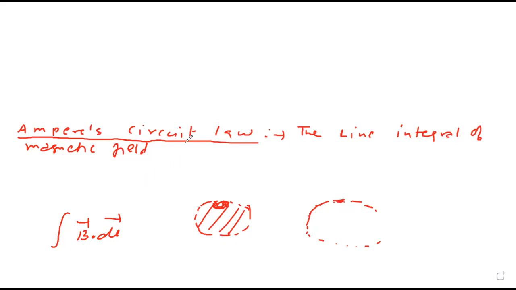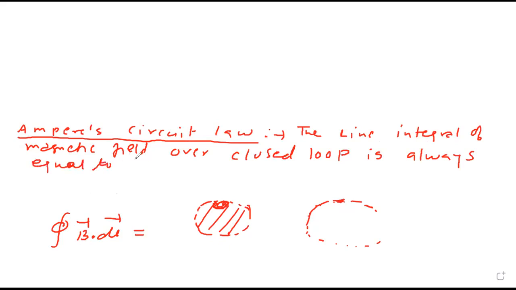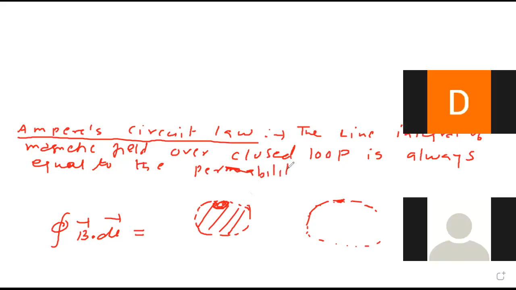So, the line integral of magnetic field over a closed loop is always equal to the permeability of free space times the current enclosed by that loop.